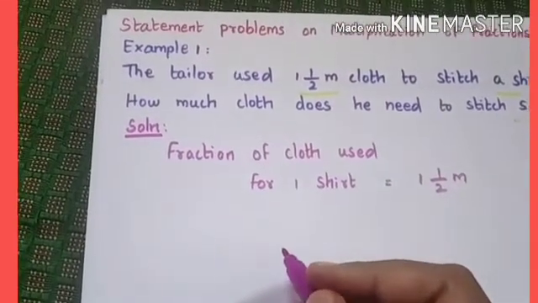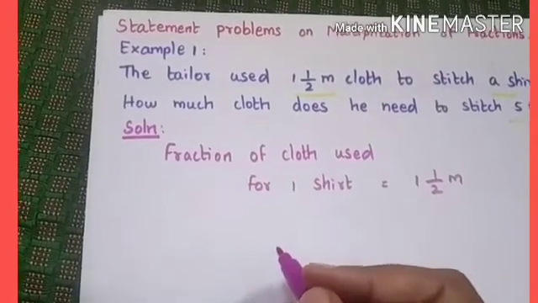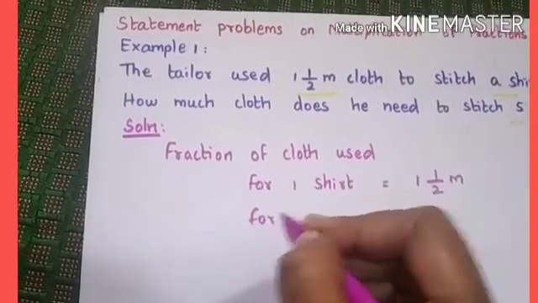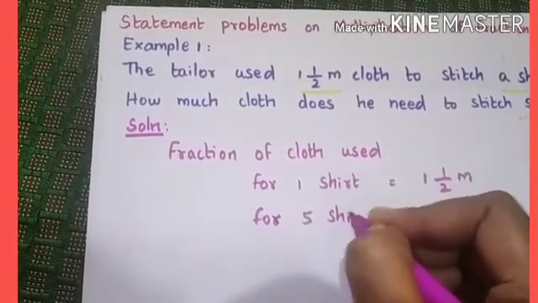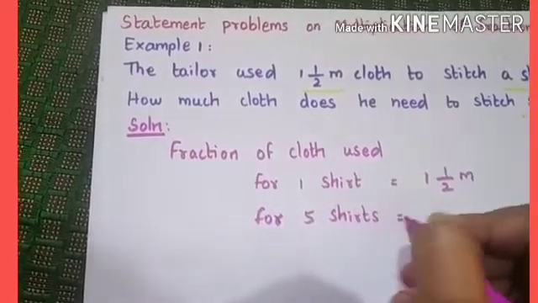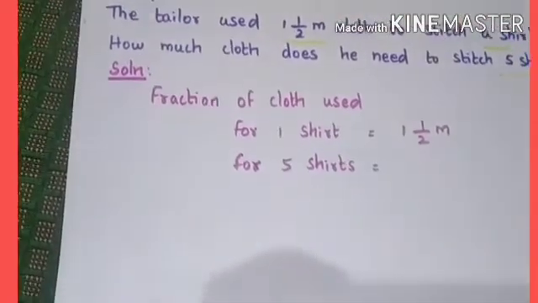Fraction of cloth for 5 shirts: we have to multiply the number 1 by 2 by 5.